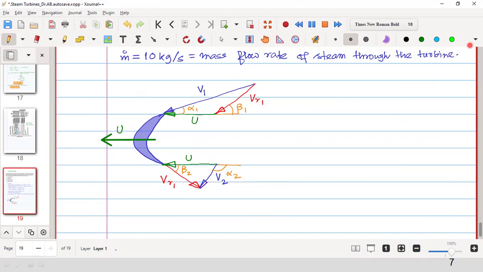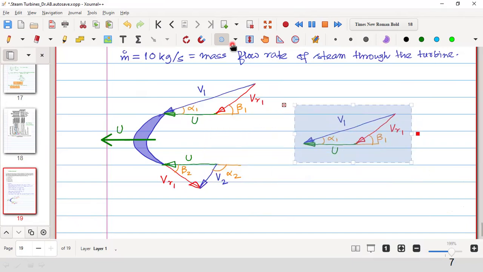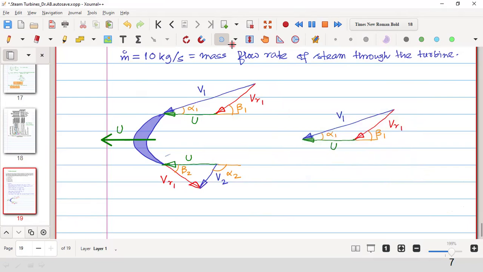Now if we combine these two diagrams, we have to combine them in the same direction.